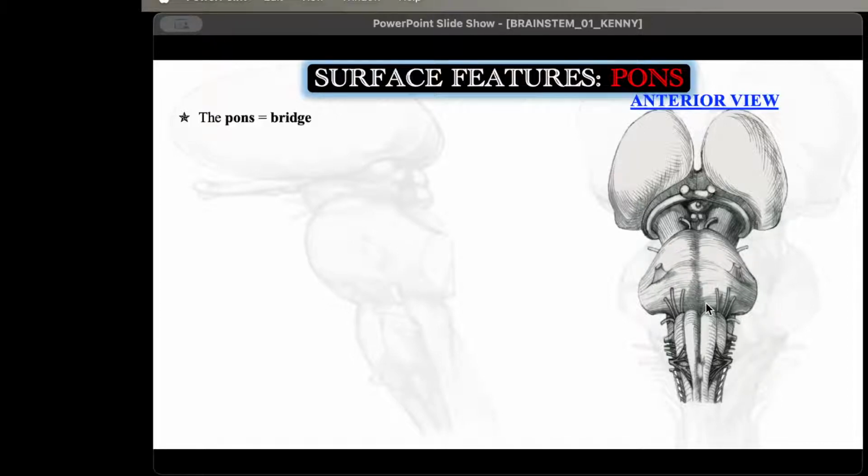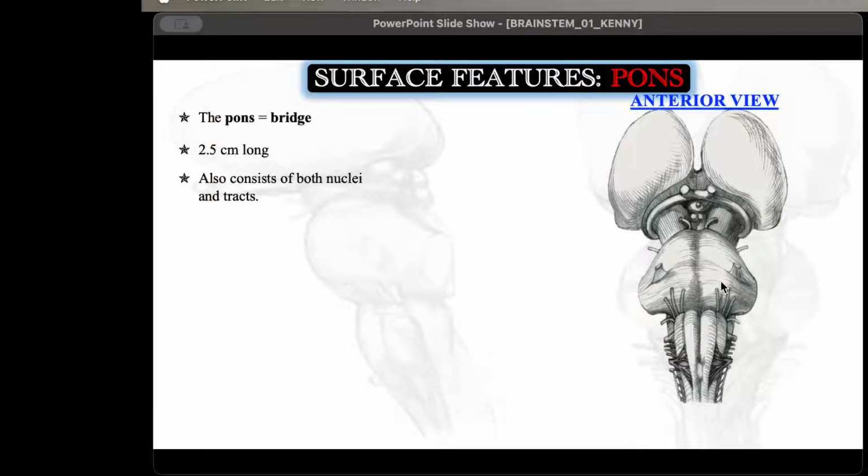But as we have said, it's not a simple bridge, because it has some nuclei of its own, which means it can control some other functions. The pons is just 2.5 centimeters long, so it's very short, and as I've said, it has some nuclei. It's not a simple bridge.